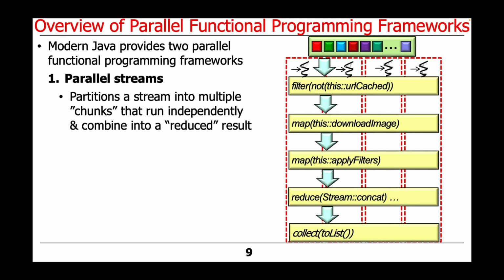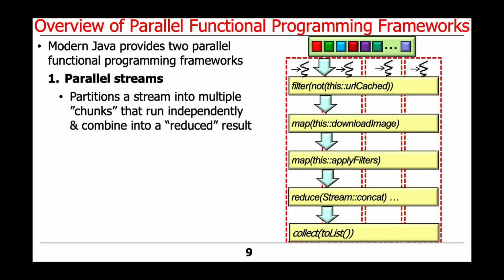So basically what happens here is it partitions a stream up into multiple chunks, ultimately really each element in whatever data set you've got. For example, if it's a list, it'll partition up into elements of size 1, and then it'll run all those things independently in different processor cores on different threads in the common fork join pool, and it'll combine the sub-results into a single reduced result.